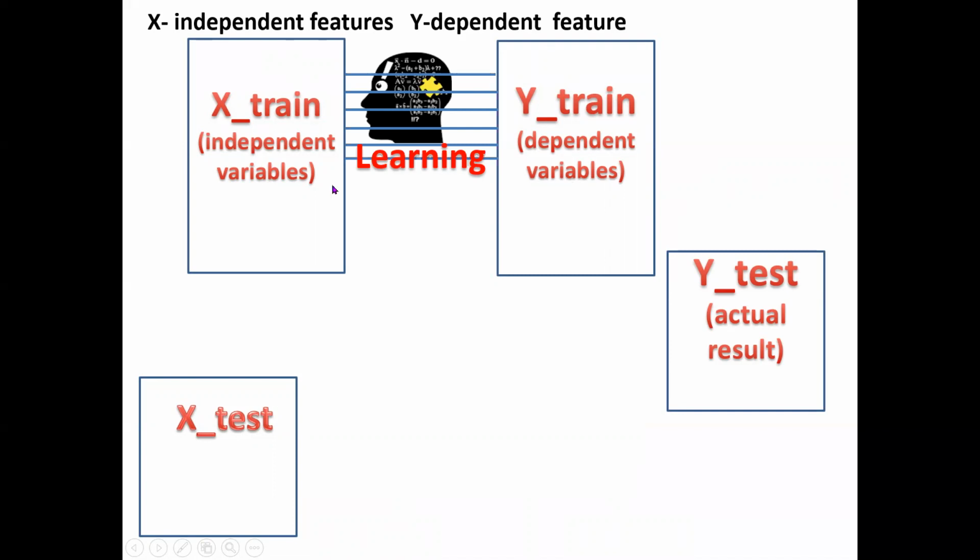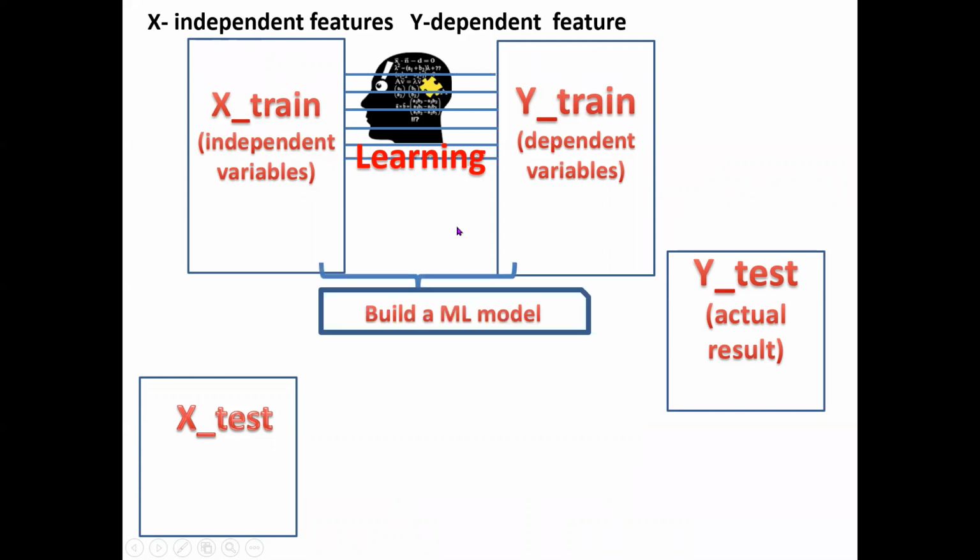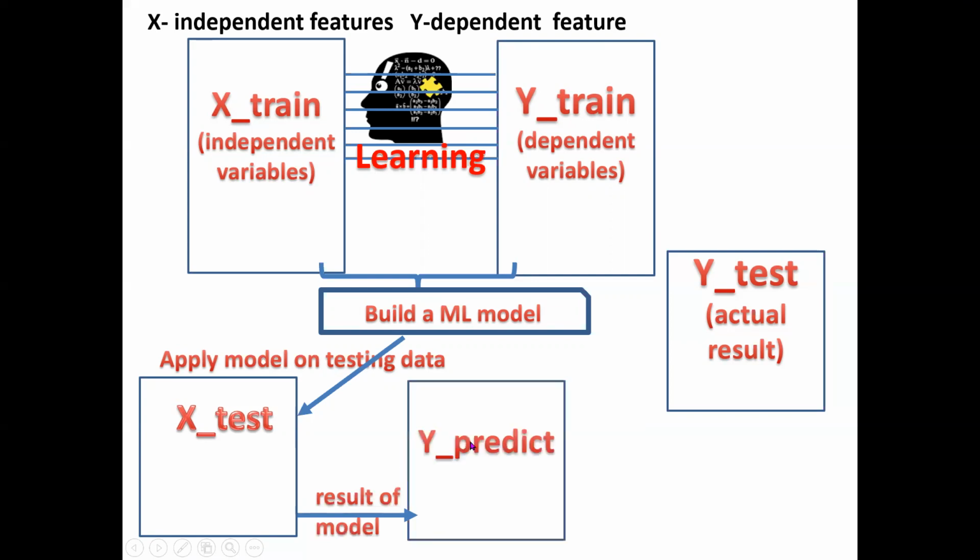It will see what is input, what is output, what is input, what is output. So it learns something. That's why the learning happens on training data, and after that it builds a model. Like this, it learns something and creates a model, and that model is applied on testing data. So if you apply it on the testing data, it gives some results. Those results we may call Y predict.